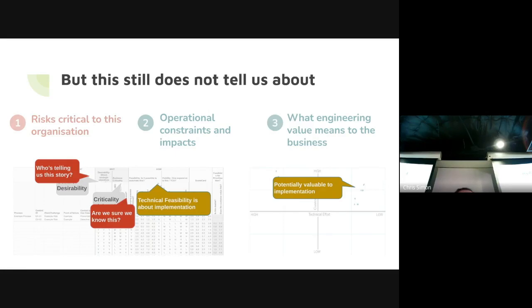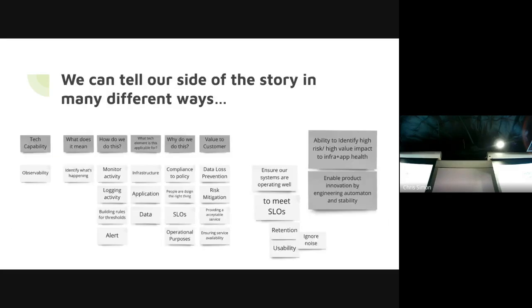From whose perspective? And then anything that comes after that, again, is contingent on the fact that our starting point perhaps was not right. And there are many other ways in which we can tell our story, right? We can talk about what the capabilities are. We can try and qualify all of the value.